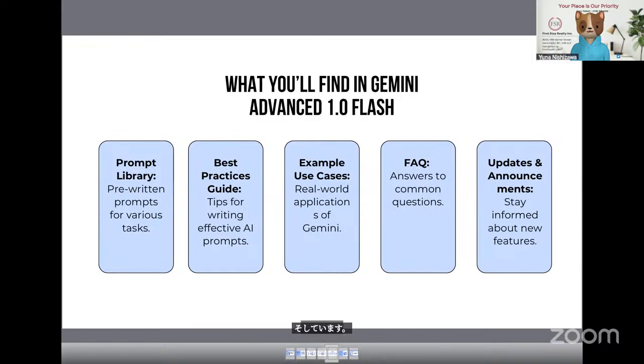A FAQ section, with answers to common AI-related questions. And for the rest, updates and announcements, to stay informed on new features. All of these resources are designed to help you maximize your efficiency and AI capabilities.